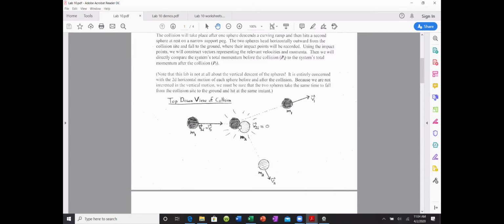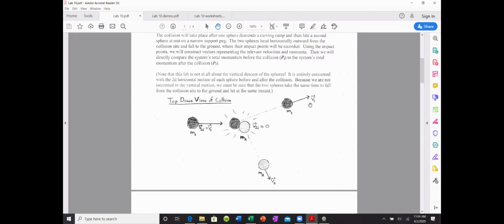There's four velocities to keep track of. Velocity of one before the collision, velocity of two before the collision is 0, so that's one that is not very impactful. And then velocity 1 after the collision and velocity 2 after the collision. Now on the file I'm going through here, I think they call this V0, and this is just 0, so it doesn't really get much of a name.